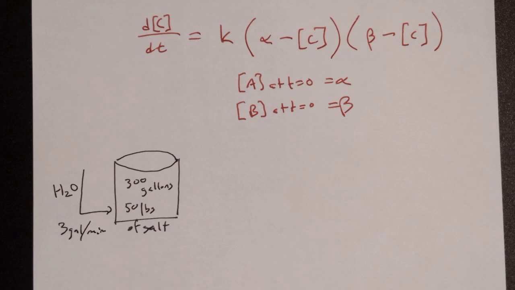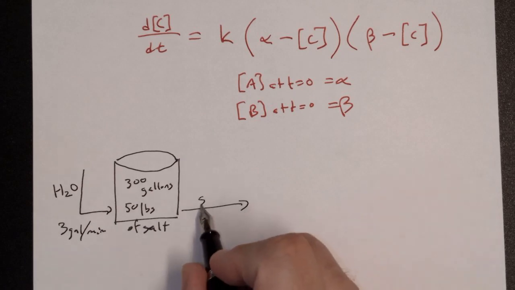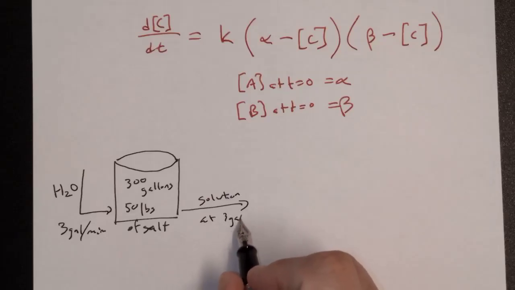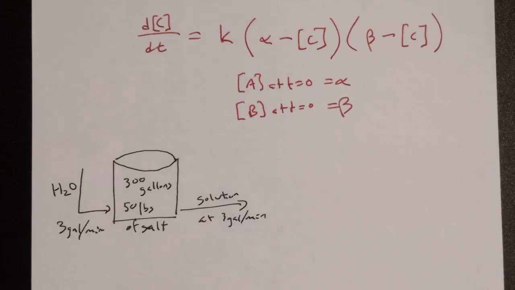But I don't want my tank to overflow, so I also let out the solution at 3 gallons per minute. I would like to know at any given time how much salt is in the tank.